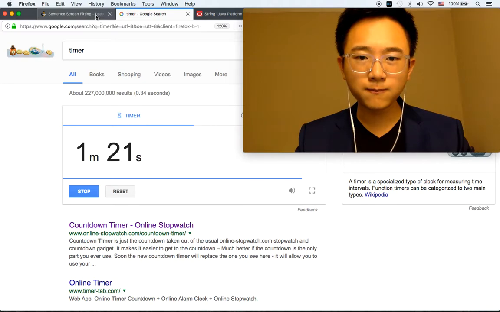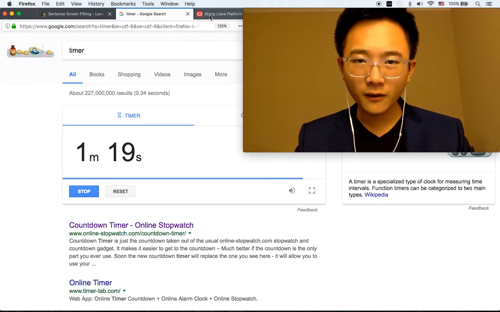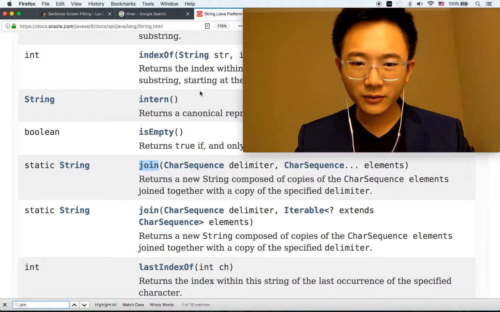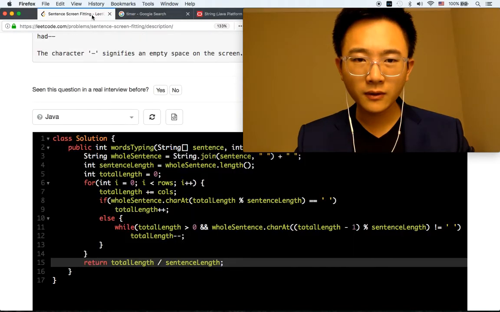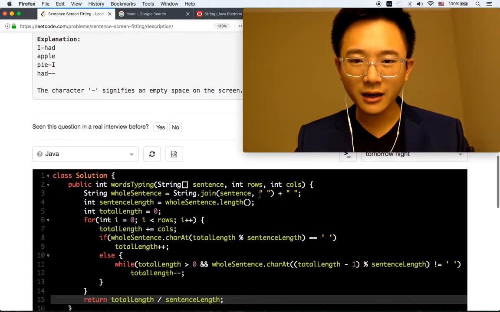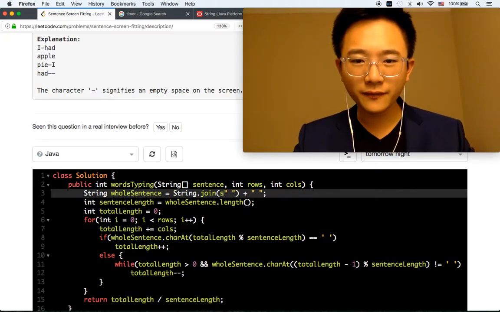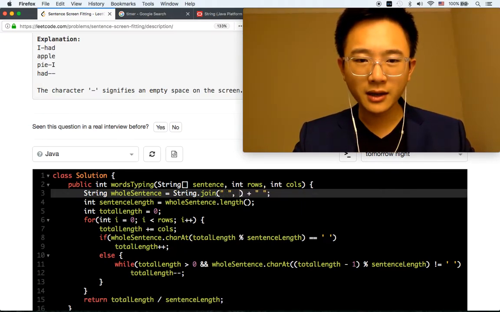All right, so delimiter and then the elements. Okay, it's backward, upside down. So it should be space and sentence.